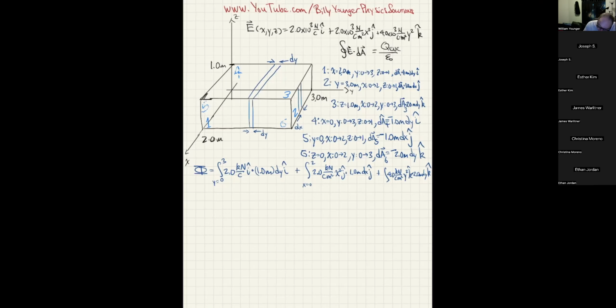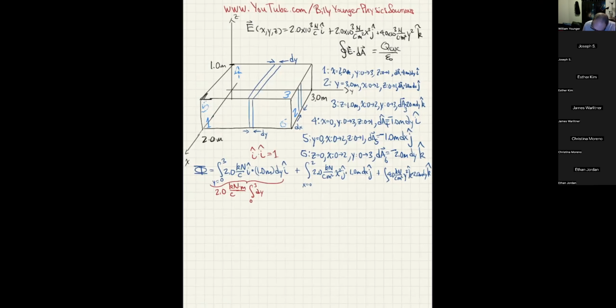So ultimately what I'm going to have here using red is 2.0 kilonewton per coulomb times a meter times the integral of, notice how everything's out except for dy, i hat dot i hat was just equal to 1, and this is an integral from 0 to 3. So basically that's going to give you 3 meters times all that. So I get like 6 kilonewton meter squared per coulomb.